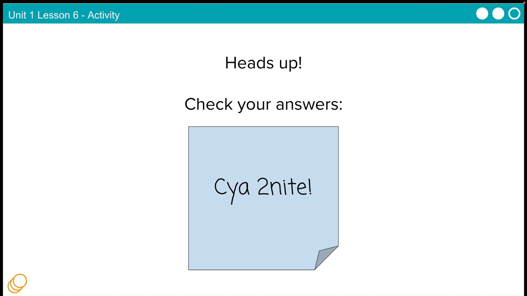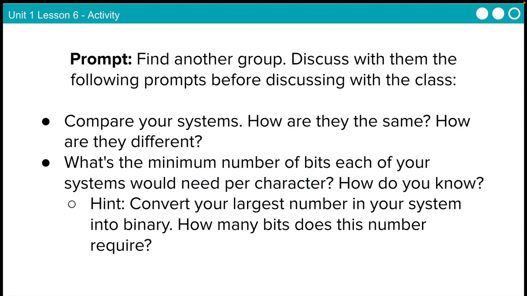So hopefully your system was robust enough to represent this. Okay, so talk with other groups around you. Compare your systems. Were they similar? Were they different? How? And if you want to think about what is the minimum number of bits you would need for each character to represent, how would you do that? Convert your largest number in the system into binary. How many bits would that require?